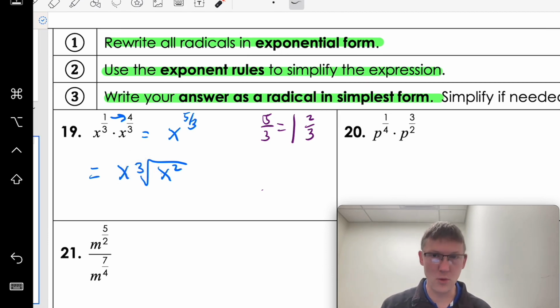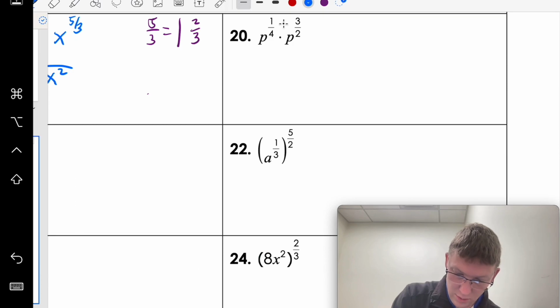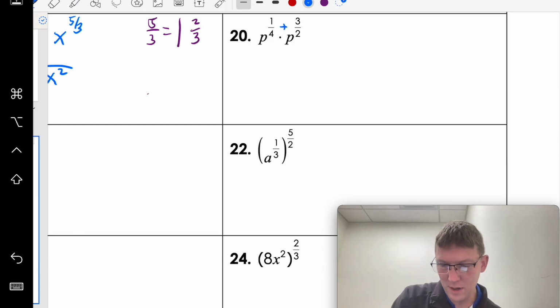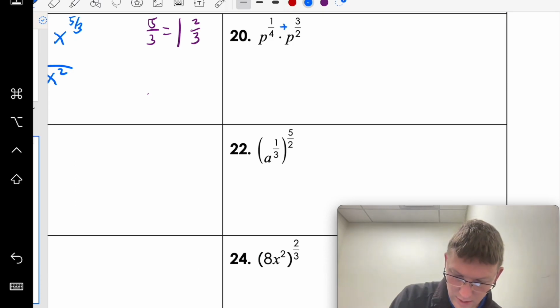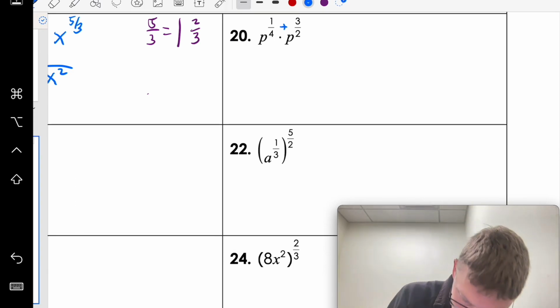So let's do a couple more. Looking at number 20, we've got p to the 1/4 times p to the 3/2. In this situation, our denominators are not the same, and we know that we're going to add them. So I'm going to come out here and do a little bit of sketch math. We want to do 1 over 4 plus 3 over 2.